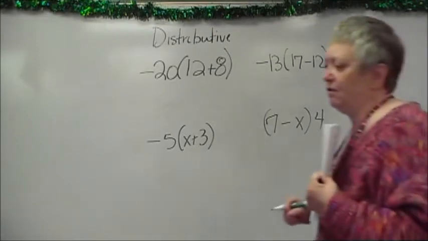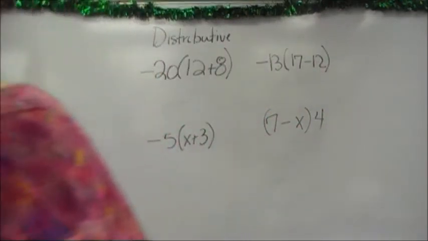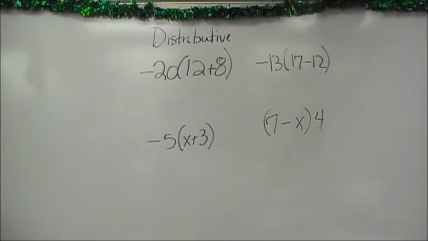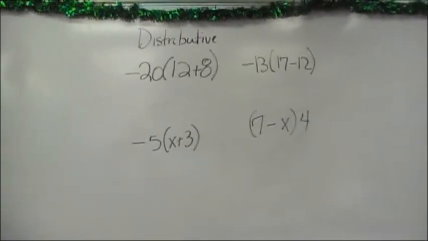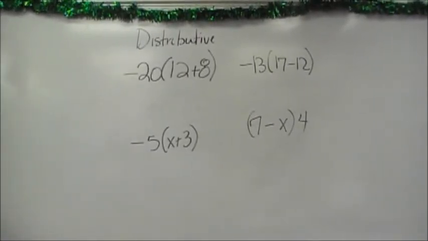So you're going to go through and see if you can do the work on that part. Remember to take whatever is on the outside and multiply it to both of them on the inside. And yes, you can use the calculator when you're doing the 20 times 12 and the 20 times 8, if you don't know those in your head. And the 13 times 17 and the 13 times 12.